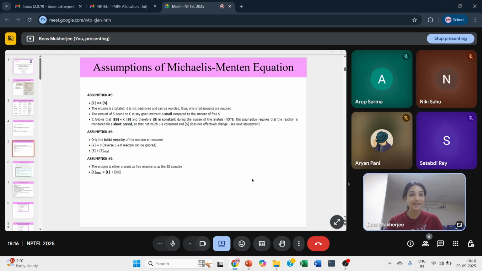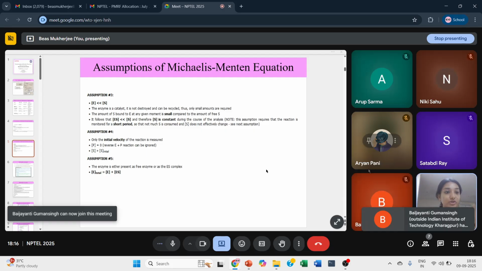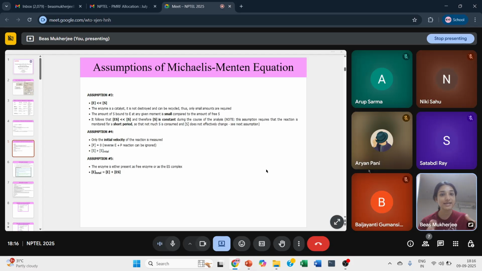Assumption number 5 is that the total enzyme is either present as enzyme substrate complex or present as free enzyme. So E total is equal to E plus ES. The rest of the enzyme is not lost anywhere. It is either this or that.